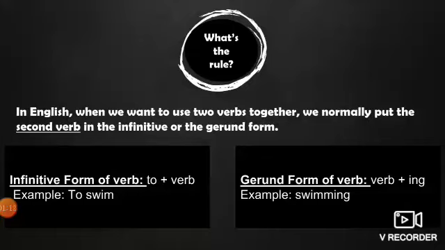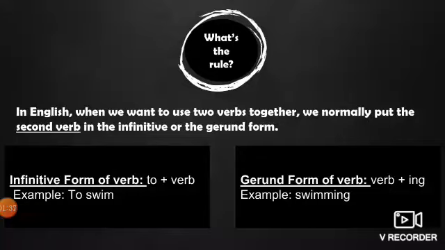The gerund form of the verb is verb plus ing, so swimming. Okay, so this could work on any verb. So again, when we want to use two verbs together, the second verb is usually in the form of the infinitive with to or with ing, the gerund.